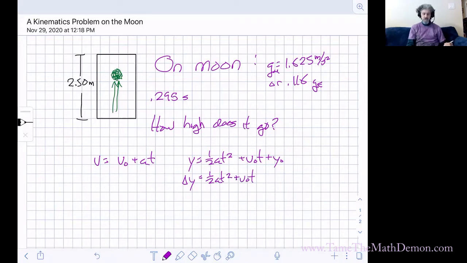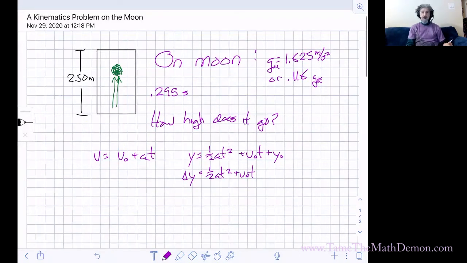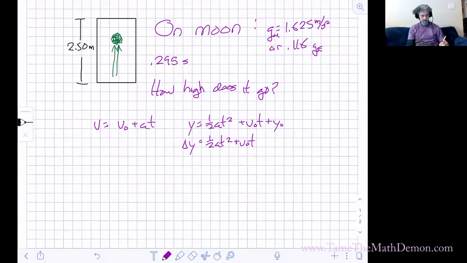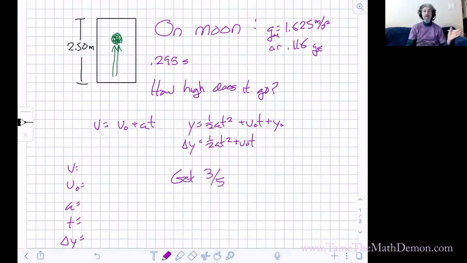Essentially, there are 5 unknowns this way. Reading left to right, the unknowns are v, v naught, a, t, and delta y, or delta x, or whatever the change in distance is. And if you have 3 out of 5, you can solve it.